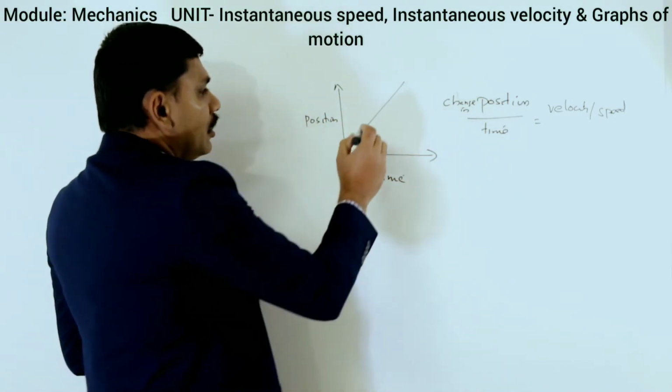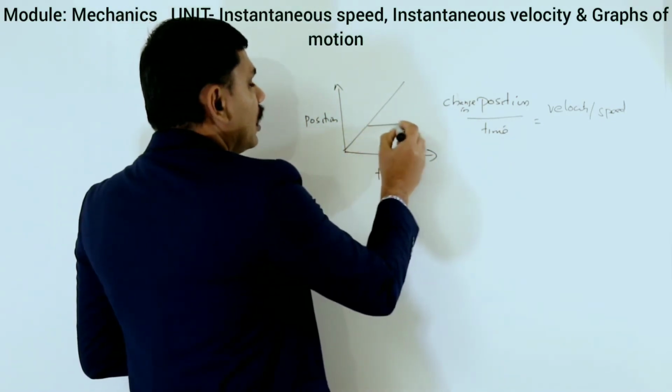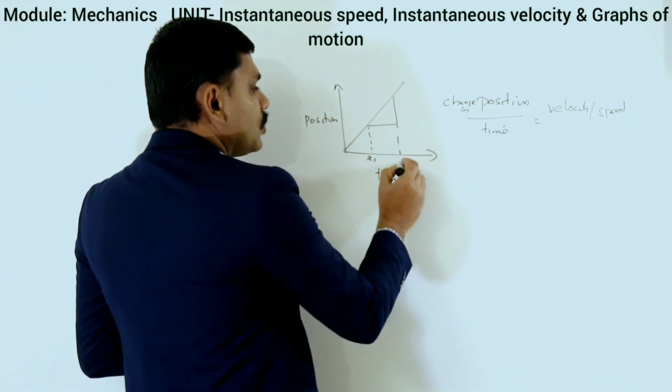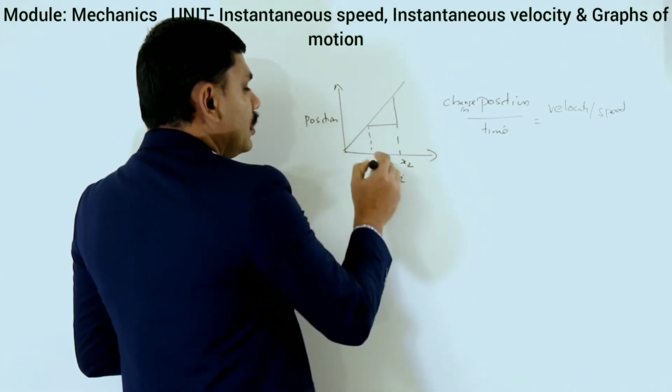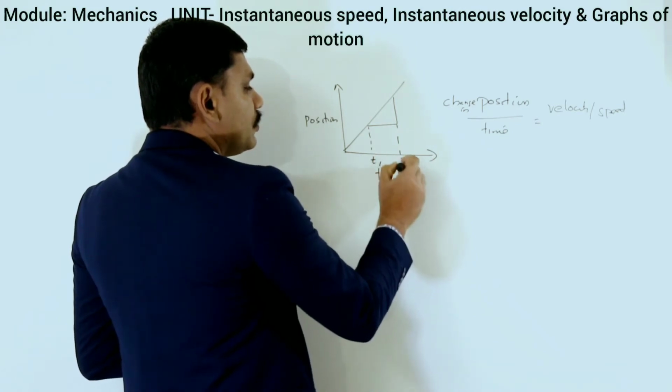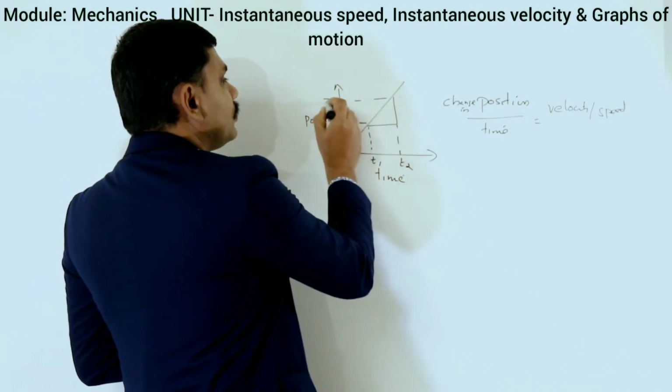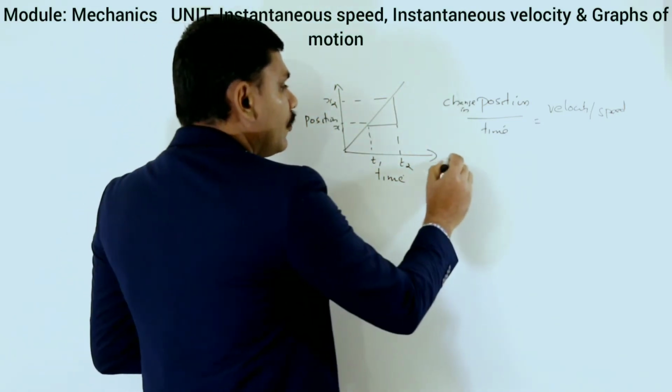Here if you consider a triangle, this is t1, this is t2, and this is x1, this is x2. Then the gradient of the graph.